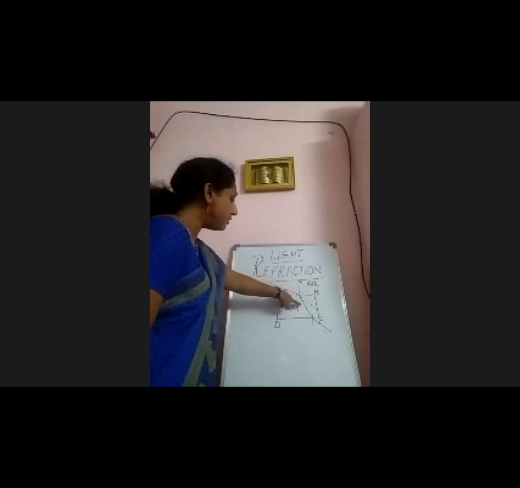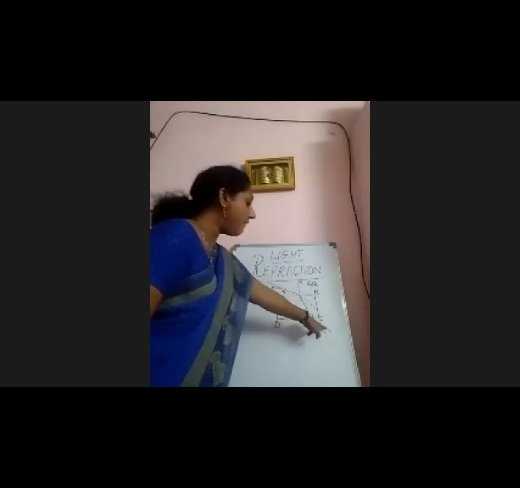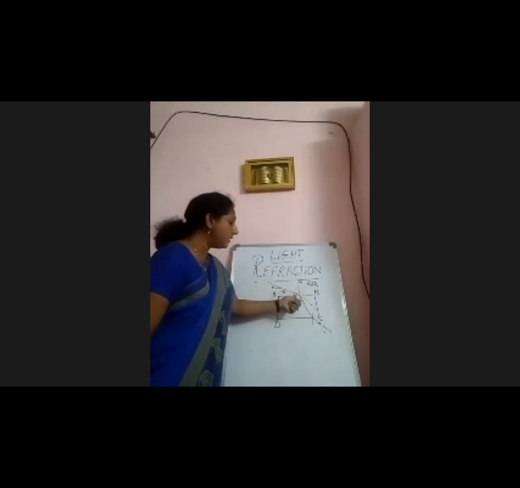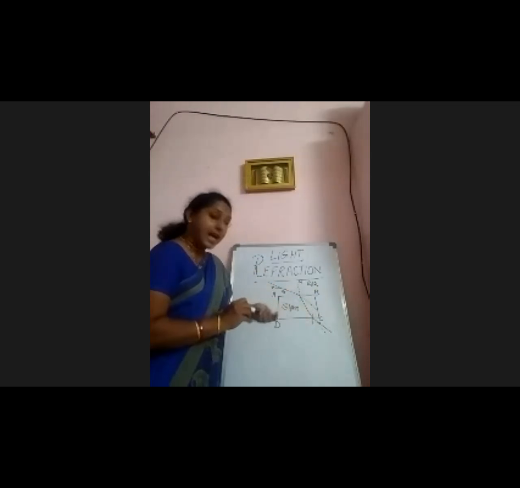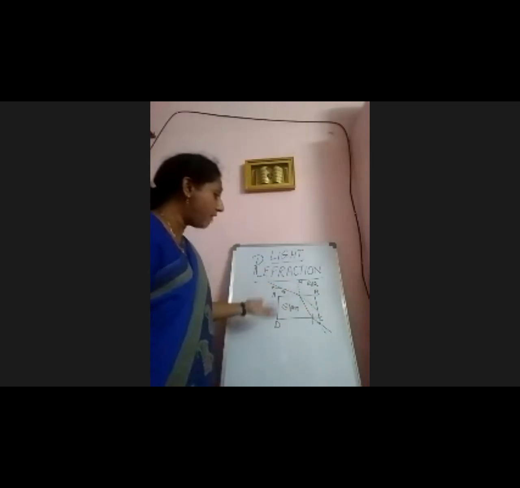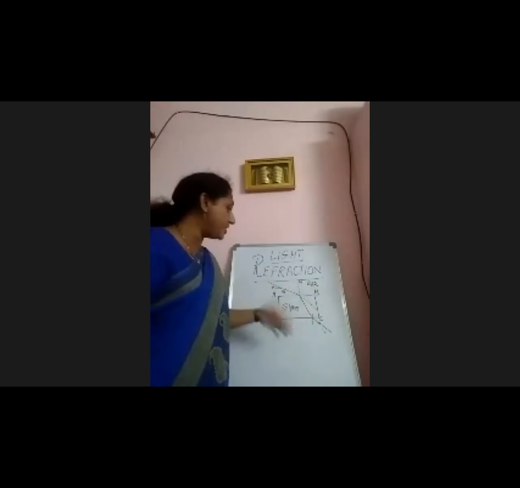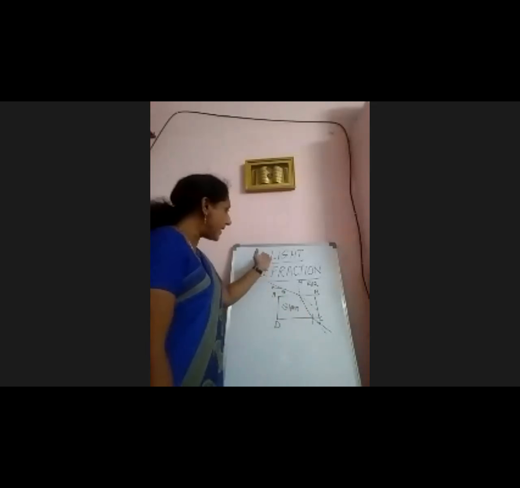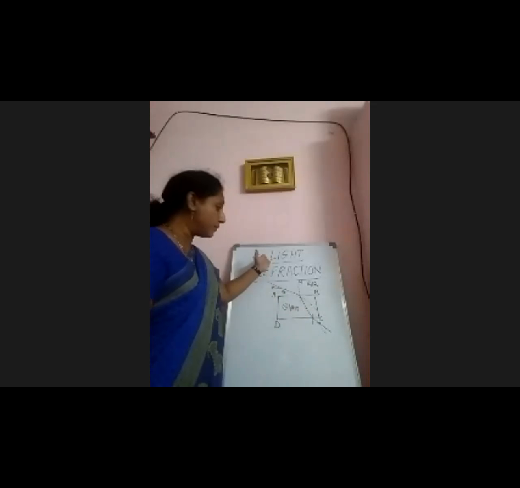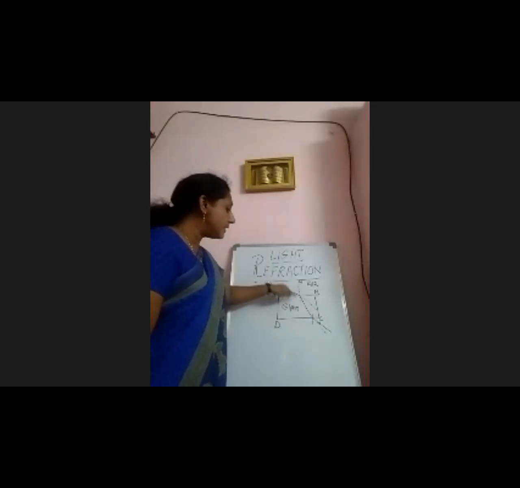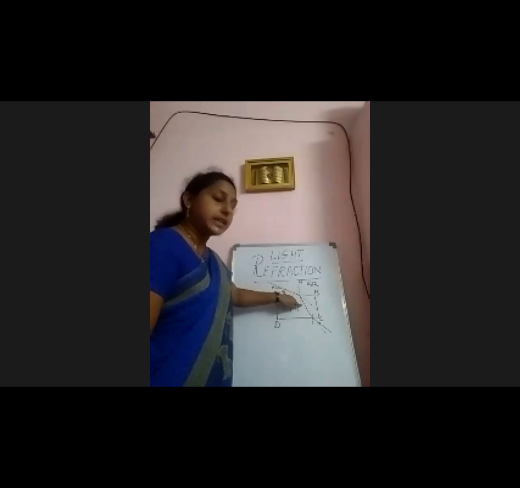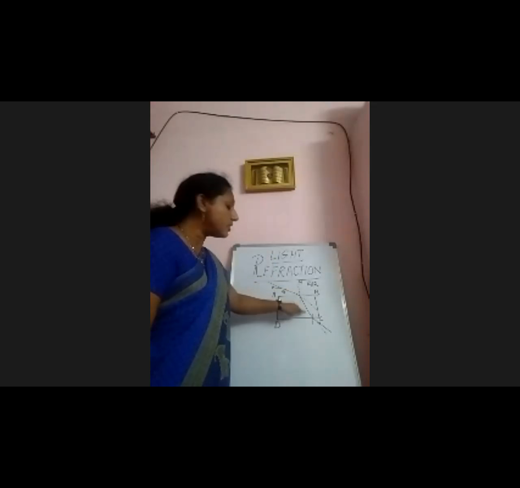Light is bending towards the normal and away from the normal. As we have discussed, the speed or velocity of the light changes, like walking on the road and swimming in water. Same thing will happen to light also. When that happens, this bending takes place. When there is a change in velocity, the direction also changes.